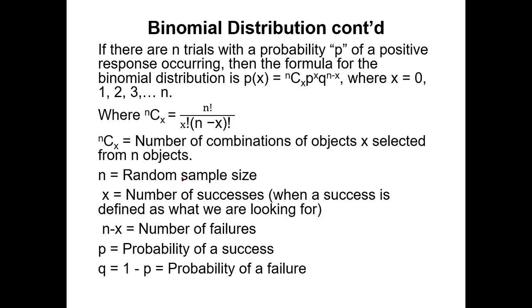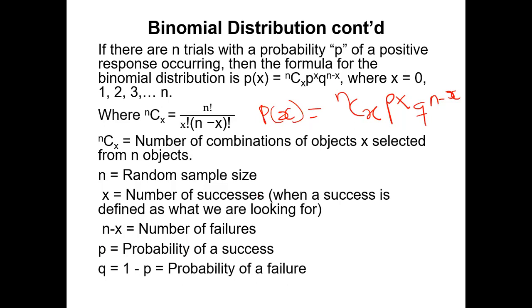So here we employ a simple formula to solve it. Let's note that the probability that X occurs, or the probability that the number of successes we are looking for occurs, is equal to n combination X, P raised to the power X, Q raised to the power n minus X. Note that n is the random sample size, X is the number of successes, where a success is defined as what we are looking for, n minus X is the number of failures.